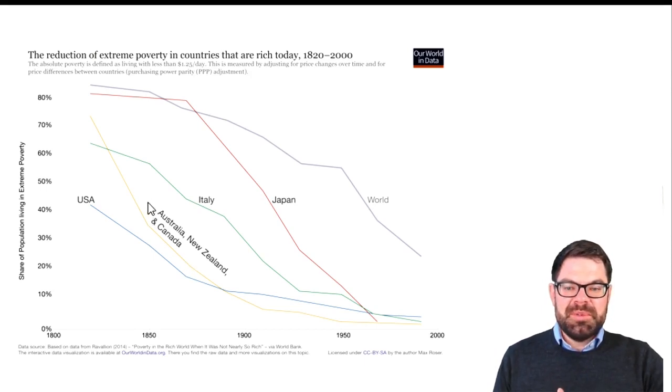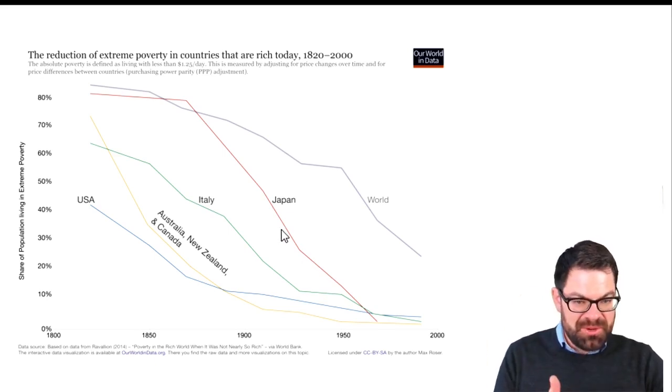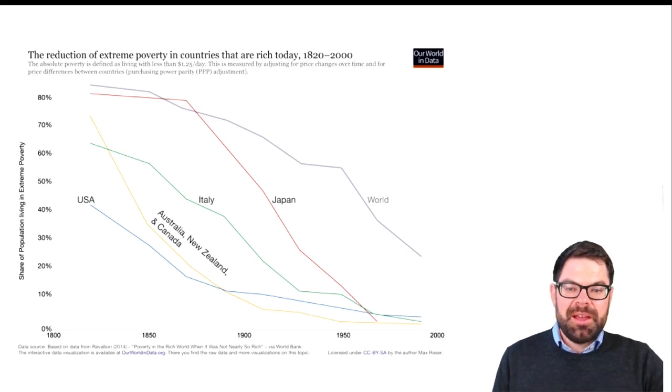And what can also be seen here is that the decline in poverty happened in former British colonies a lot earlier than it happened, for example, in Italy or in Japan. And if you go on that website, you can also plot this for different countries. So this is just the ones I've chosen here to have a certain range of countries. And they also do the same thing for the world. Okay, so this is then the fraction of the world population that was living in extreme poverty.